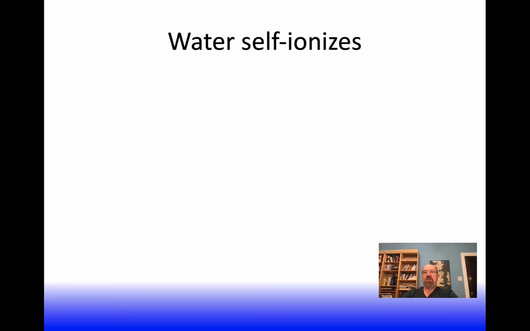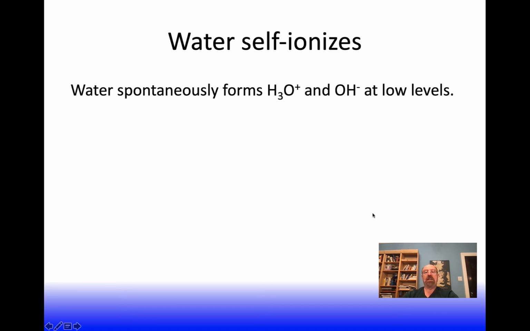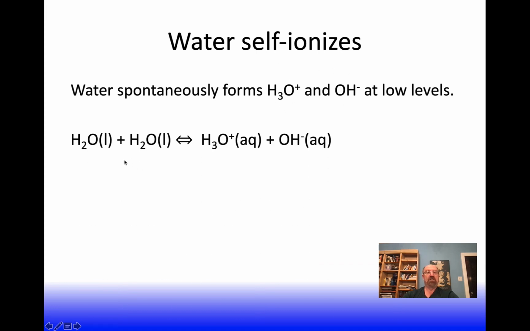Not only that, but if you just have pure water, about 1 in 10 to the minus 7 molecules of water, as you'll see in terms of molarity, it's a very low concentration, are going to actually self-ionize. So it will spontaneously react with itself to form hydronium ions and hydroxide ions. So this reaction here, completely reversible, actually happens spontaneously.